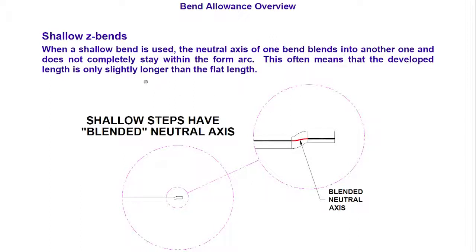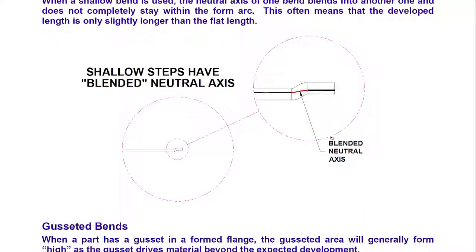So, here length is only slightly longer. When they talk about slightly longer, it is probably not even measurable. It should be of the order of 0.05 or 0.1 millimeter long, and then it does not matter because the limbs themselves are so small.